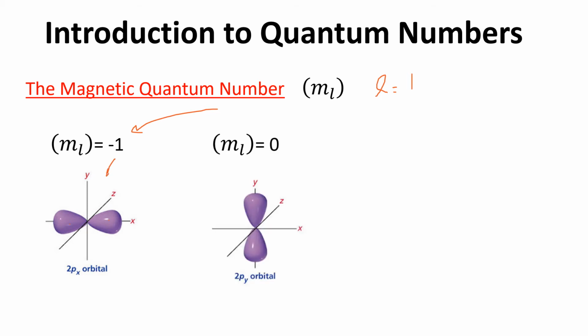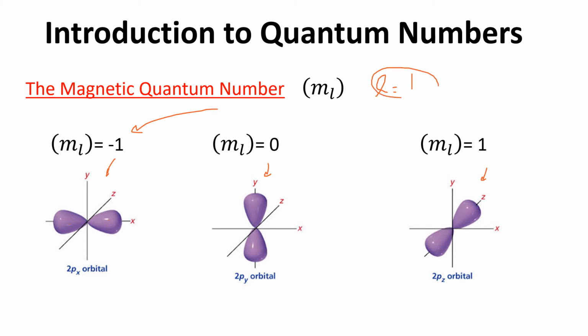And then this is the 0 one. And then what we've got here is our third orientation. So again, when you got an L value of 1, that means you can have 3 different options here. So the way this works is your answer would be -1, 0, or +1. So you have 3 different shapes that could occur for your electron to be found within.